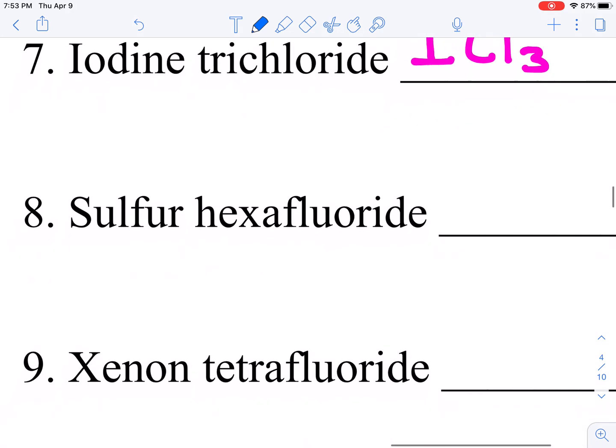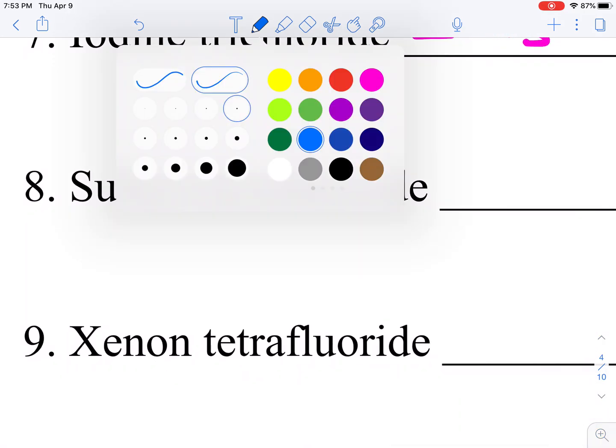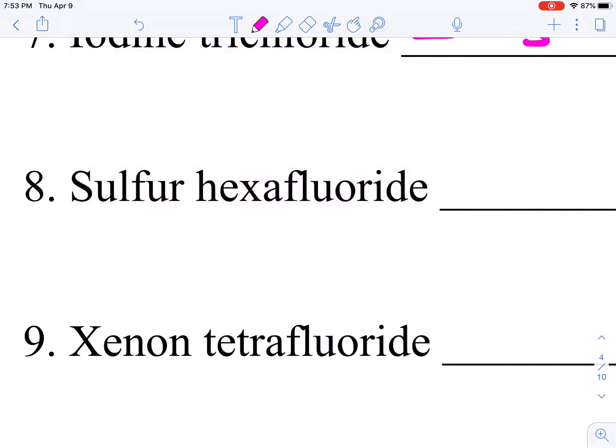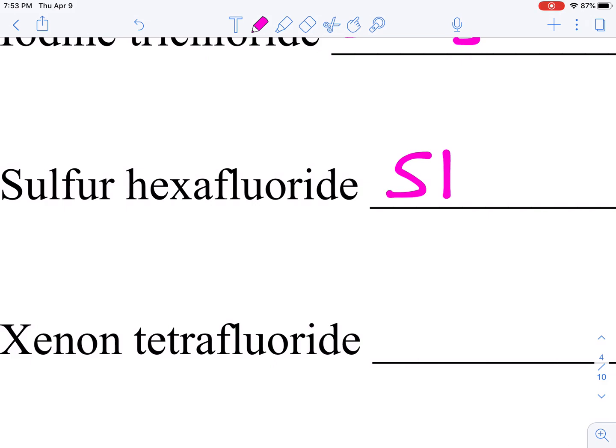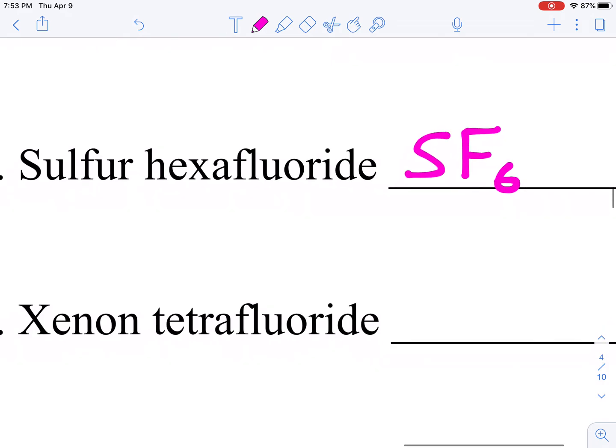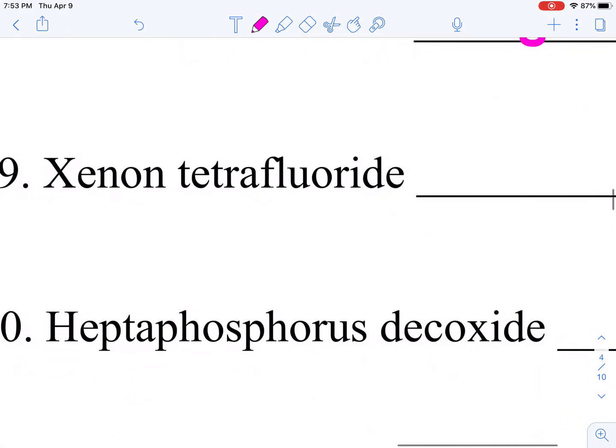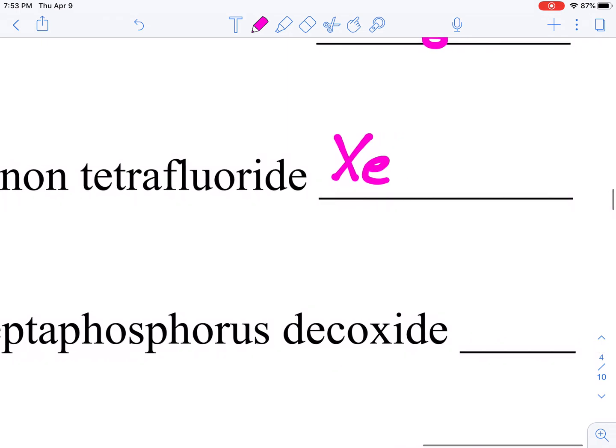It's always uppercase, lowercase. Sulfur hexafluoride, be careful with, because sulfur is just S, but fluorine is not Fl, it's simply F, and there are 6 of those from the hexa. Xenon tetrafluoride is Xe for xenon. Tetra means 4. 4 what's? 4 fluorines.